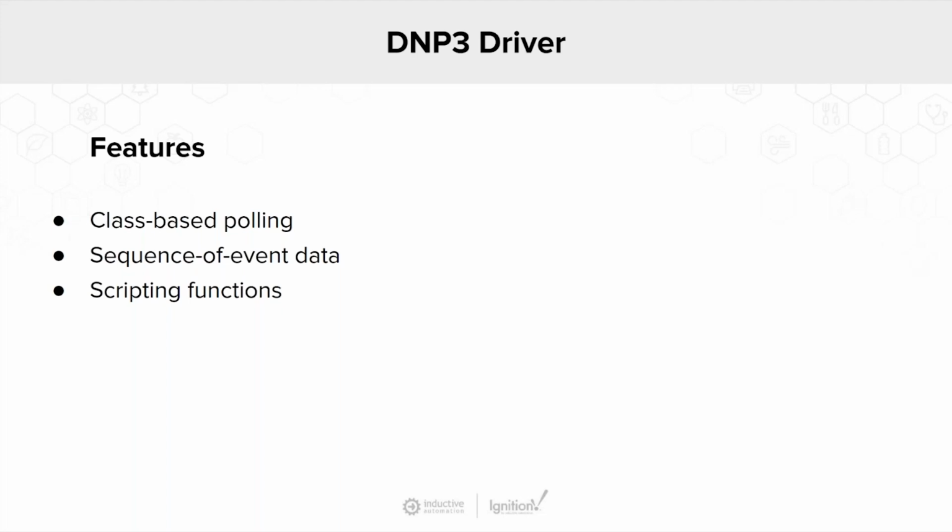The new driver also supports sequence of events data. So rather than only grabbing the current tag value, the new driver allows for grabbing all the events or tag changes that have happened since that last pull. So this might not be necessary for real-time HMI applications that are just viewing the live current value. But imagine a scenario where a value might change from 3 and then 4, right?